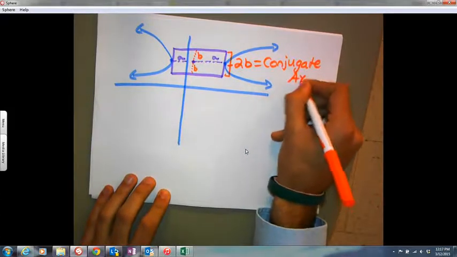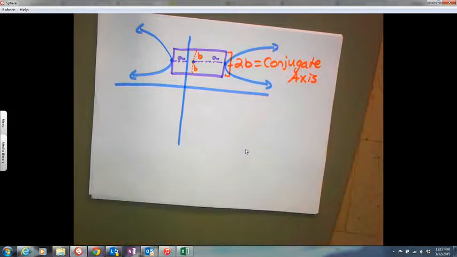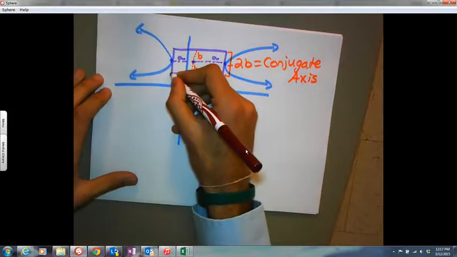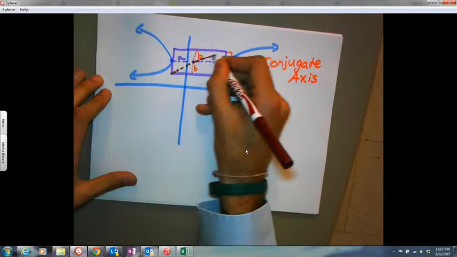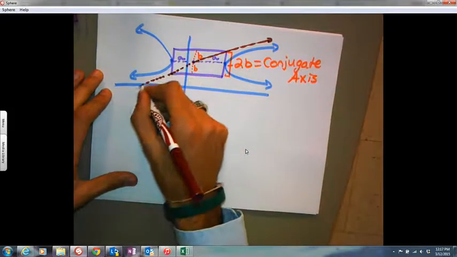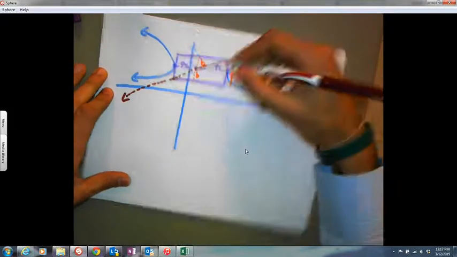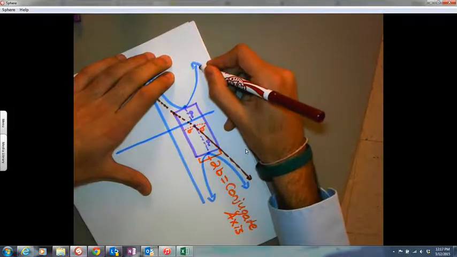And now the last pieces are that hyperbolas have these asymptotes that look like the following. One comes through here, goes this way, comes down this way. And there's another asymptote that comes from here, through the center, through the other edge of the box, like this.